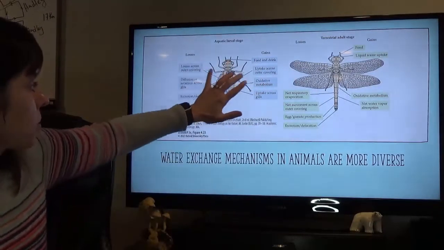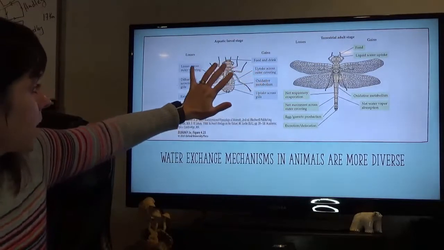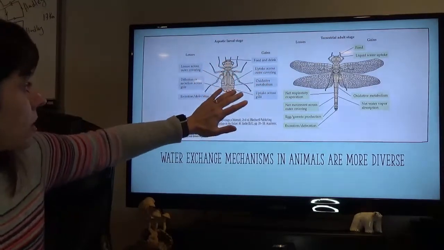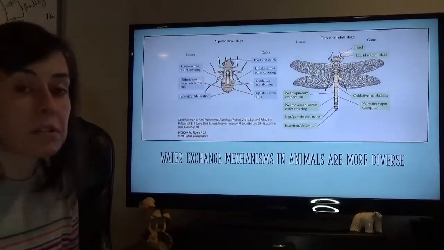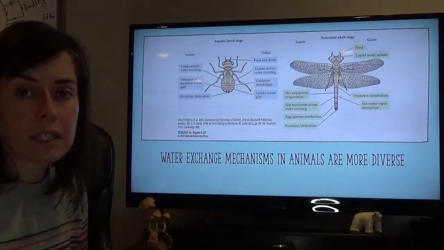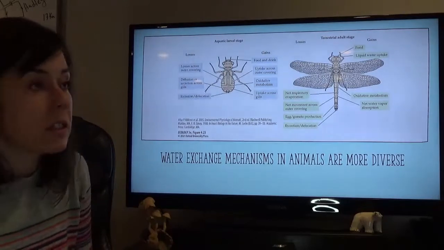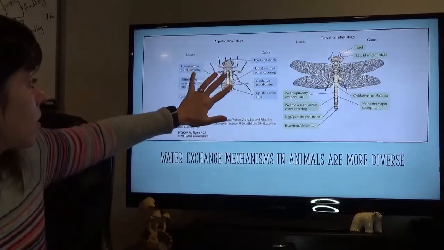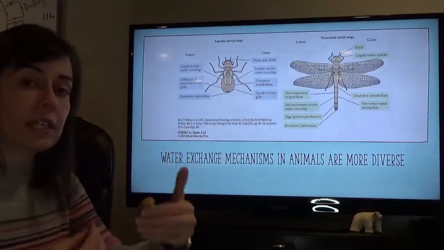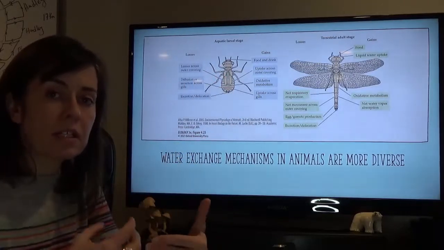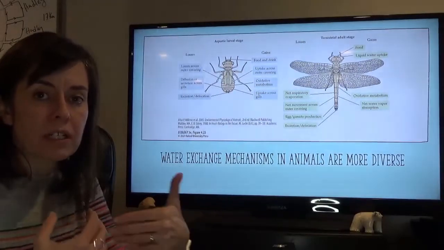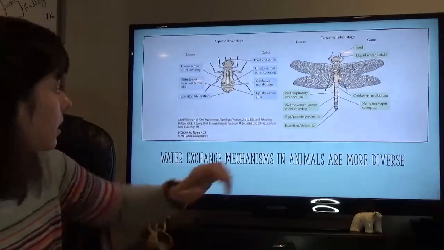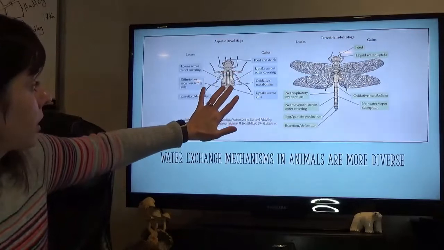There's also both uptake and losses across the outer covering. In this case, this is the exoskeleton of the insect, where there are tracheids in that exoskeleton, and there can be water lost and water gained across that outer covering.